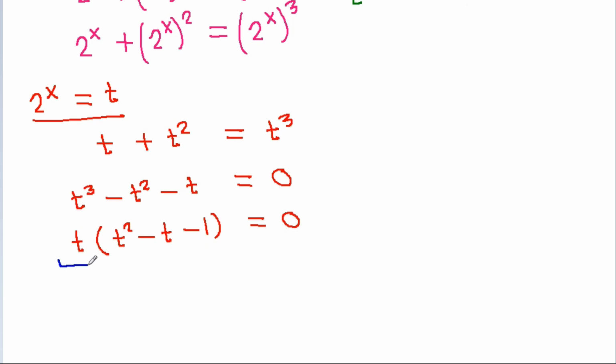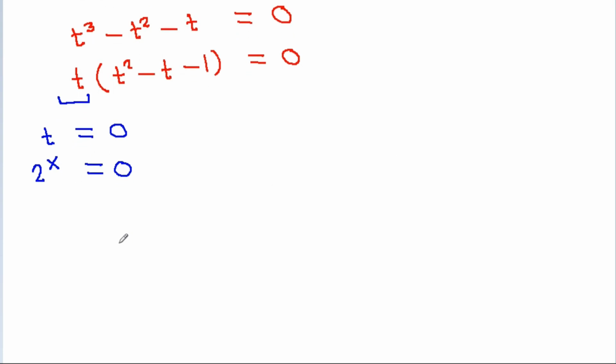So either t = 0, and t is 2^x, so 2^x = 0, but 2^x is greater than 0, so it cannot be equal to 0.